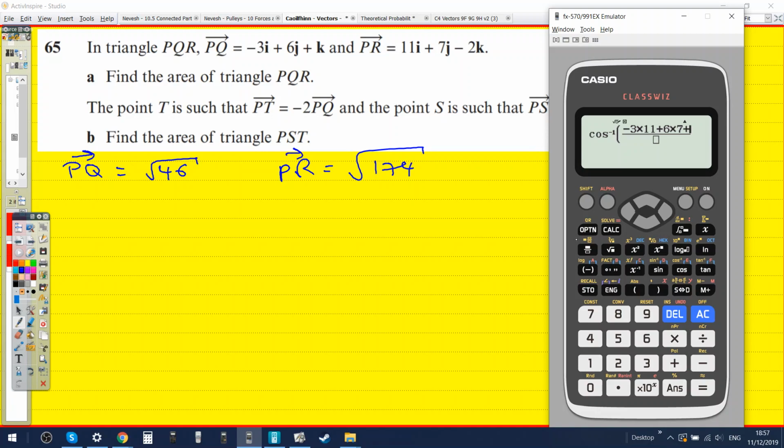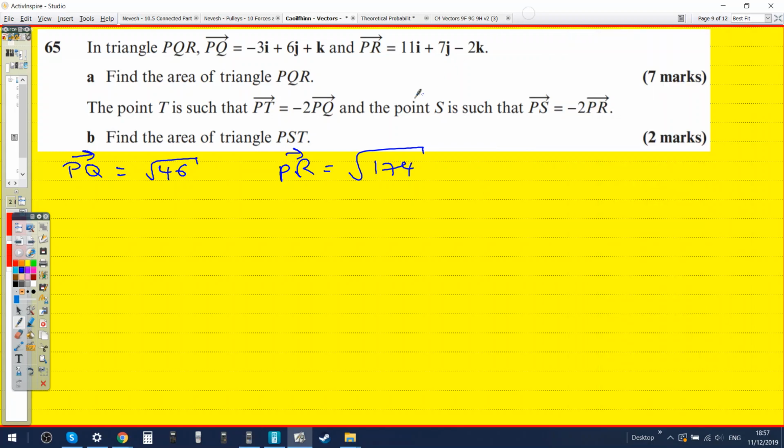So any ideas what we could do? Could we use half AB sine C? That's what I'm thinking. But how do we get C, which is an angle? 85.512.